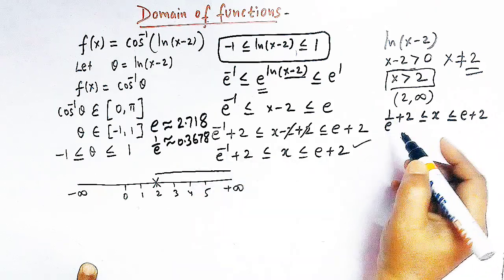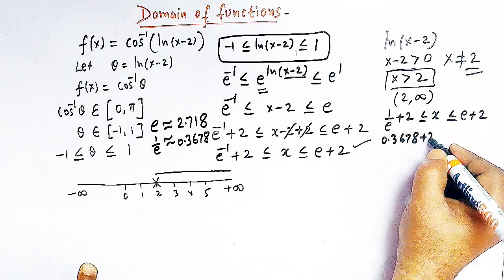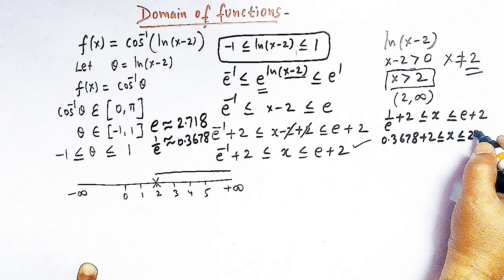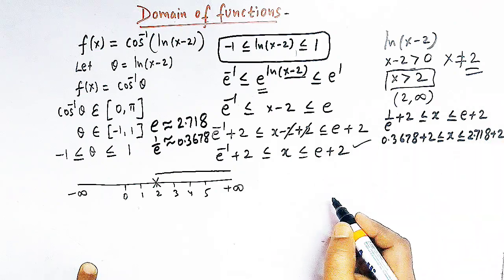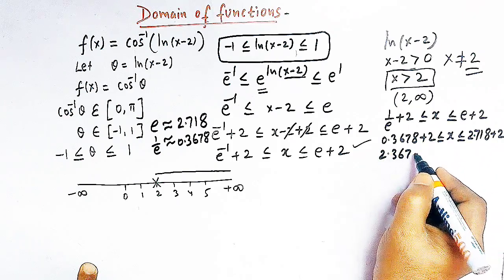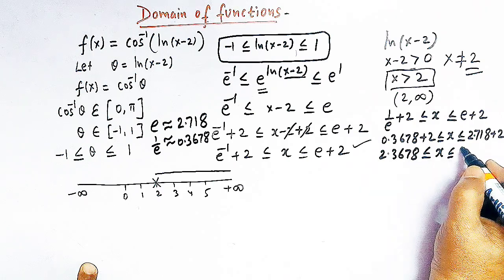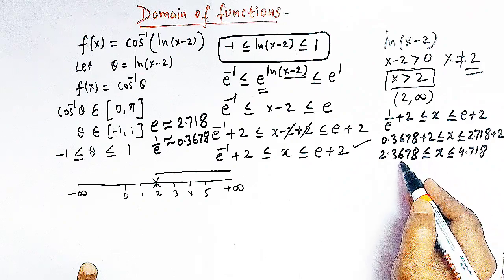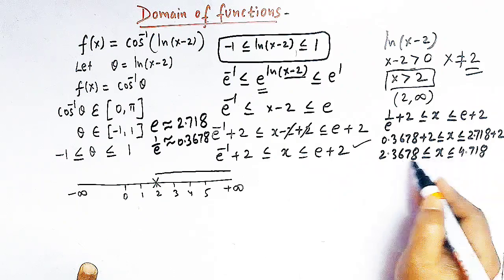So here 1 over e is 0.3678, and here we have 2, and then we have x, and here we have 2.718, and here we have 2, right? So adding these two numbers, we have 2.3678, and here we have x, and here we have 4.718. So our x lies between these two numbers, including the endpoints, right?